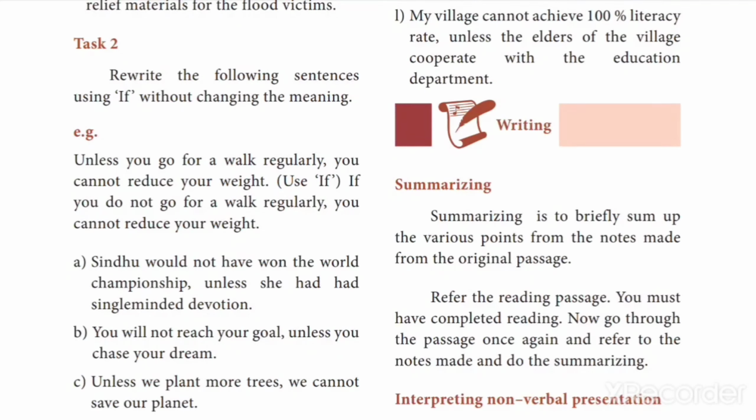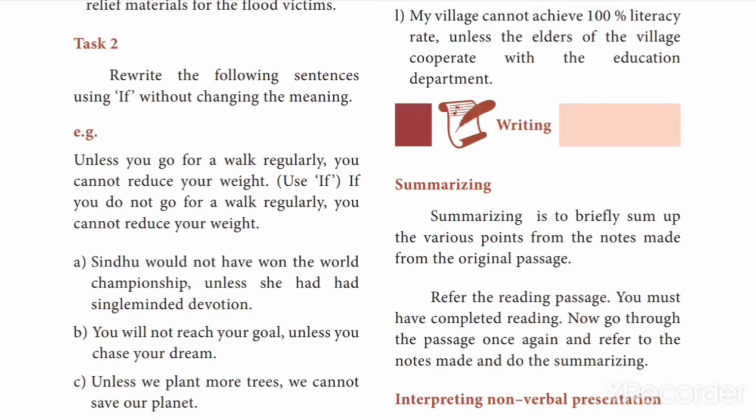So when we replace unless with if, we have to say it this way. Sindhu would not have won the world championship if she had not had single-minded devotion. You look at or observe the change here. If she had not had single-minded devotion, we replace unless with if and we introduce not between the two words had and had.